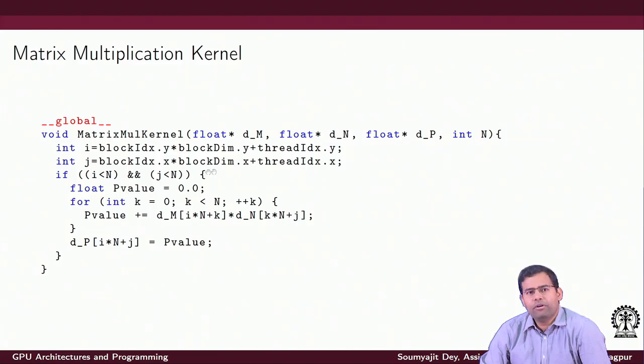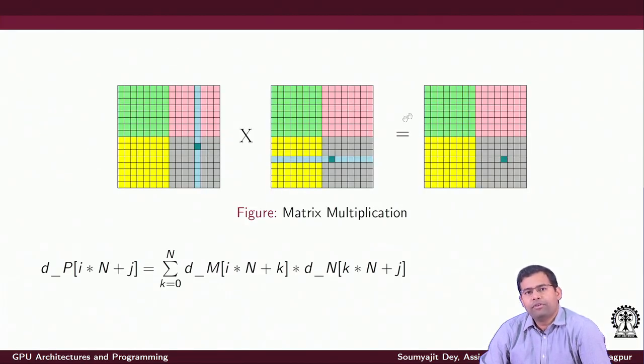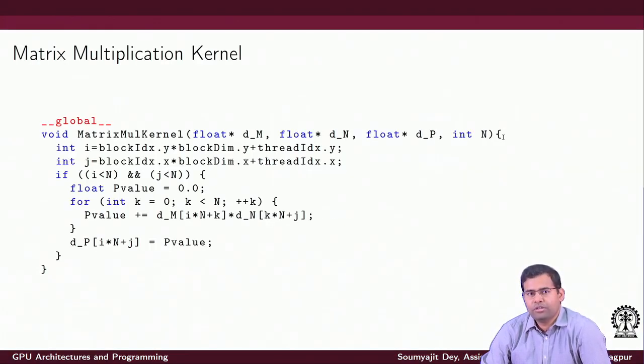If I am talking about i, I am thinking in terms of the block ID y. That block ID y needs to be multiplied by the dimension of the block. Since this is block ID 1 and there was already a block here, you multiply it by the block dimension, so you shift this much. That's why you have blockIdx.y times blockDim.y.